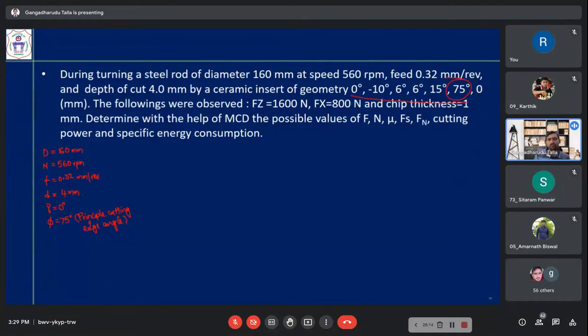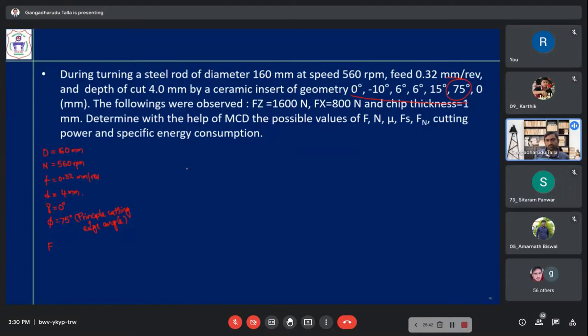Now the following are observed. Fz. What is Fz? In our representation, we have not used Fz in the Merchant circle diagram. We have not used Fz. So it is a notation used in some other textbook. I have shown you one diagram in the last class itself.